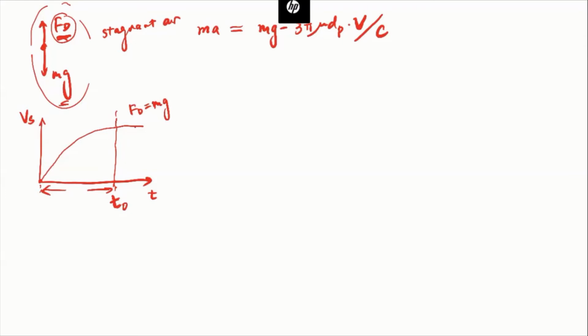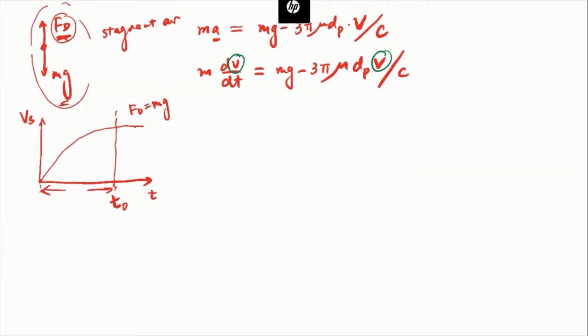So we also have the a here. We can plug in a as dv/dt equal to mg minus 3 pi mu dp v divided by c, okay? So this is going to be a differential equation that's based on v here, because all the others are just constants, right?